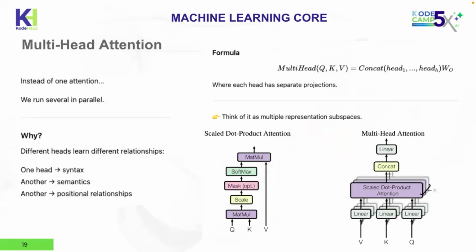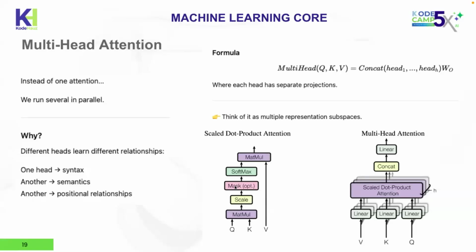Okay, so let's talk a little bit about multi-head attention, and I think we will just end it at this point. With multi-head attention, a single head of attention is this. This is everything we just talked about, right? You have the Q and K, you have a dot product matrix multiplication, you have the scaling, which is divided by the square root of dk. Then you have the mask.